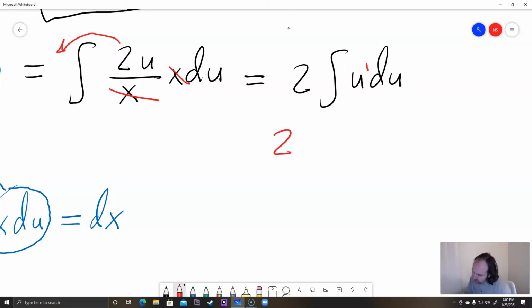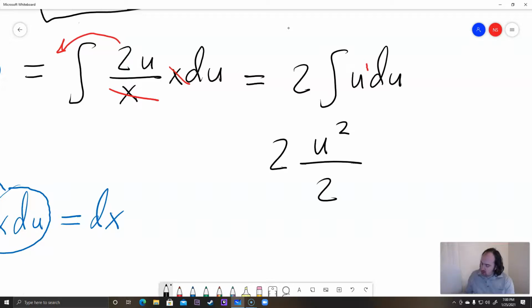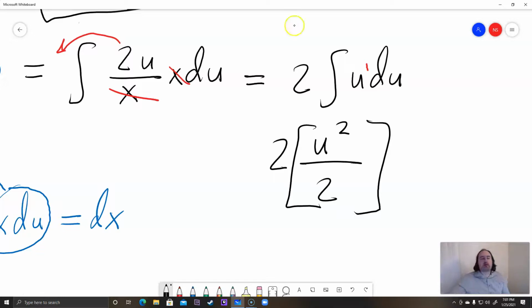We're going to get 2 times u to the 2 divided by 2. Right there, we use the power rule. The integral of u to the 1 is u to the 2 over 2. Now this 2 in the numerator and the 2 in the denominator are going to cancel out, so we're left with u squared.